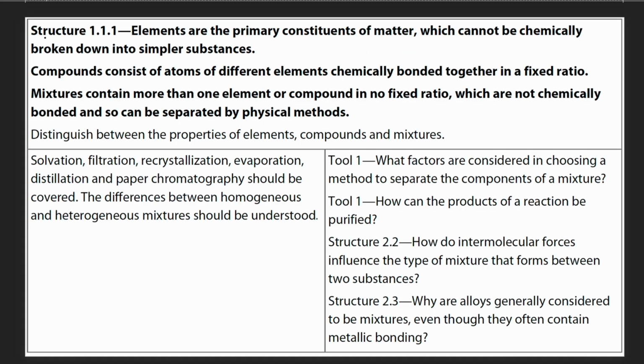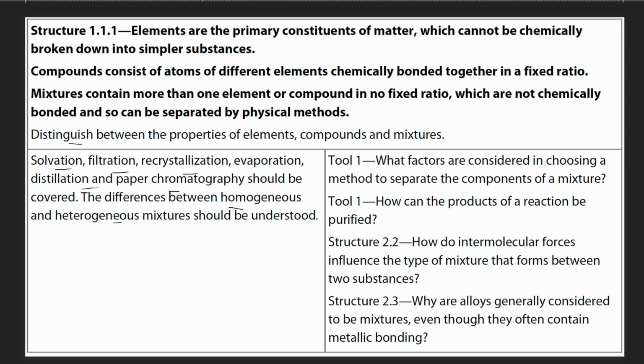From these subtopics, you need to know how to distinguish between the properties of elements, compounds, and mixtures. Separation techniques like solvation, filtration, recrystallization, evaporation, distillation, and paper chromatography should also be covered, and the differences between homogeneous and heterogeneous mixtures should be understood as well.